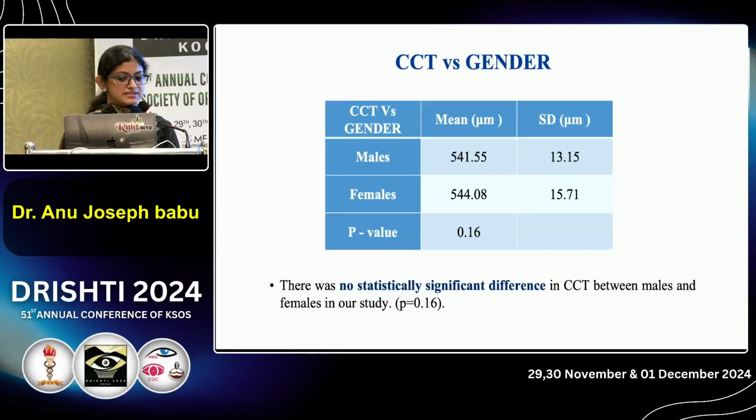Comparing CCT versus gender, in males it was 541 and in females it was 542 micrometer, and the p-value was 1.16, which also suggests that there was no statistically significant difference in the CCT between males and females in our study.